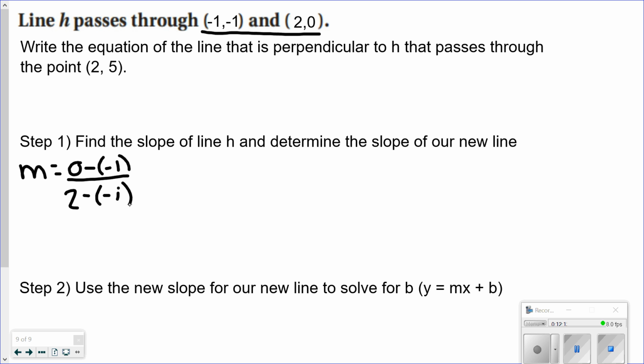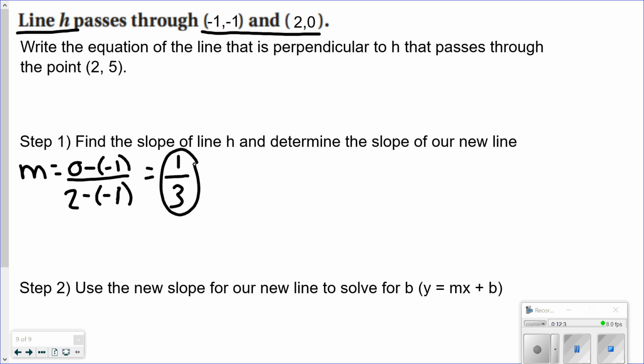And that is equal to a +1 divided by 2 minus a -1, that's a 1, is a 3. So the slope of my original line, line H, is 1/3.